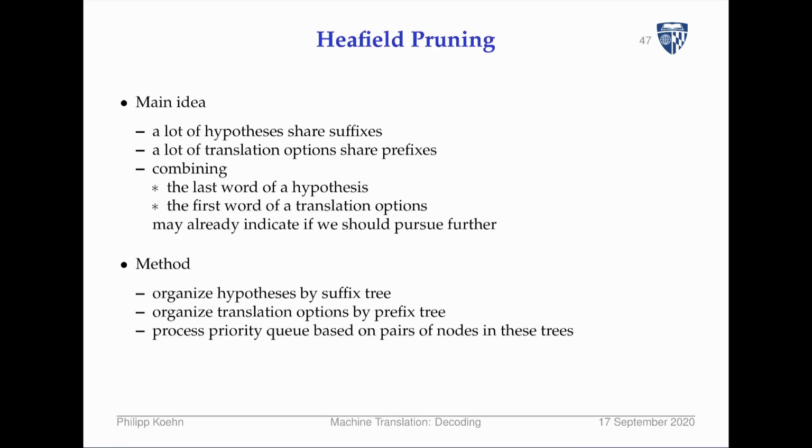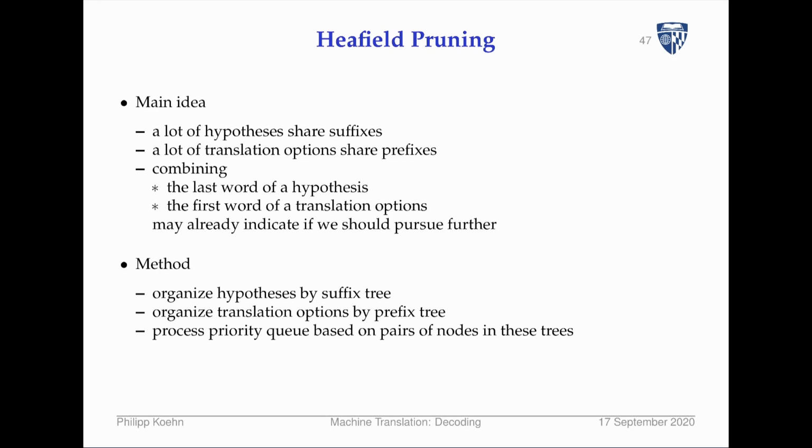The main idea here is, or maybe I should say first, what is really costly about hypothesis generation? It does not look like a very costly operation. It's just phrase translation probability, a number you pull out of a table. The reordering cost is a really simplistic calculation. The language model also seems to be just a table lookup.